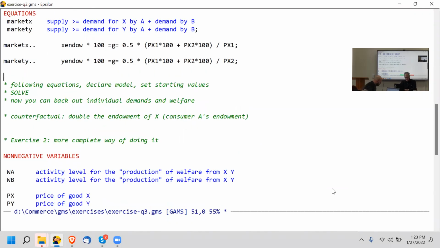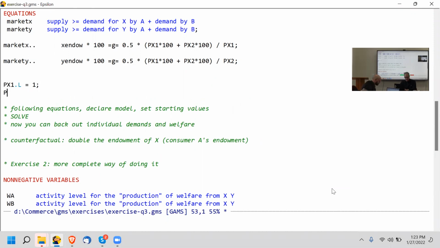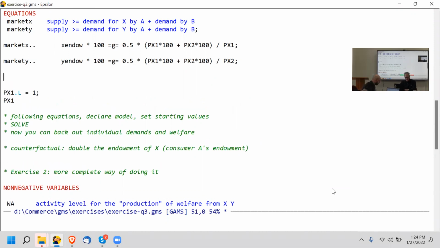Set variables and solve. So px1.L is equal to 1, px2.L is equal to 1.